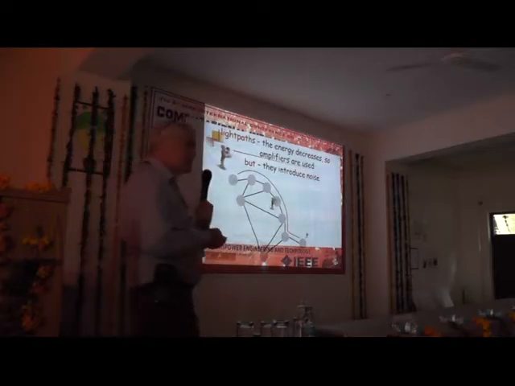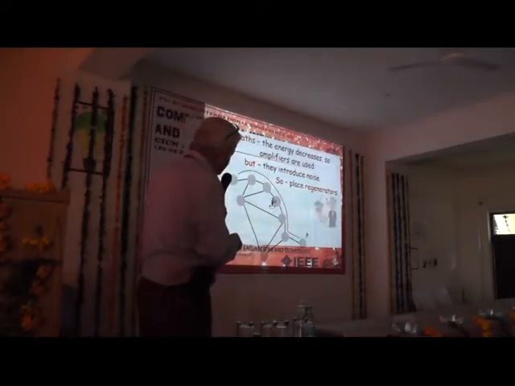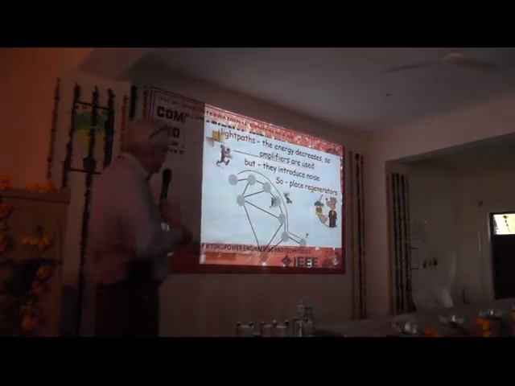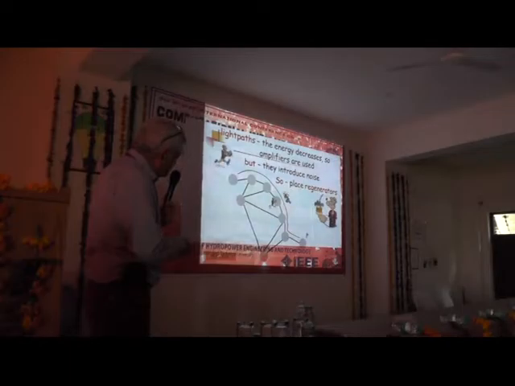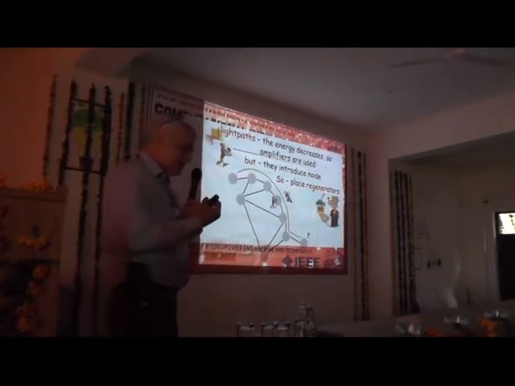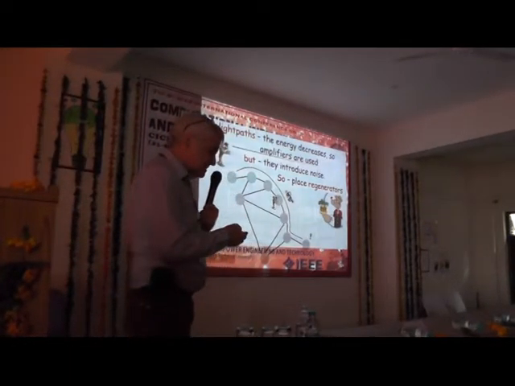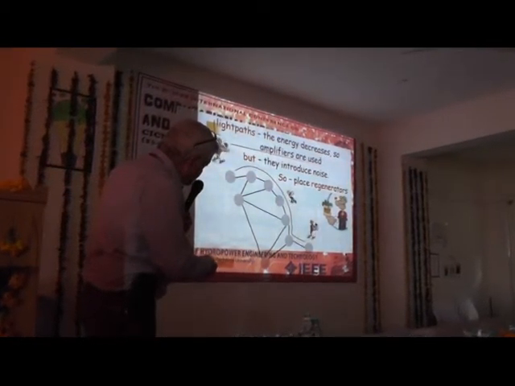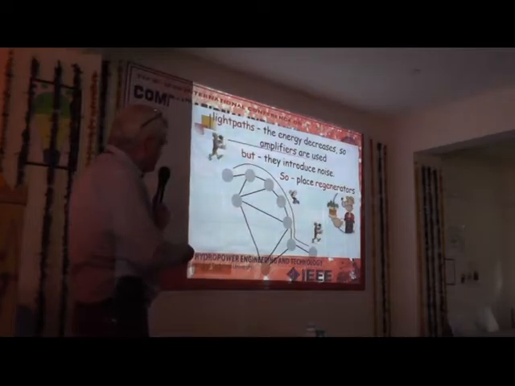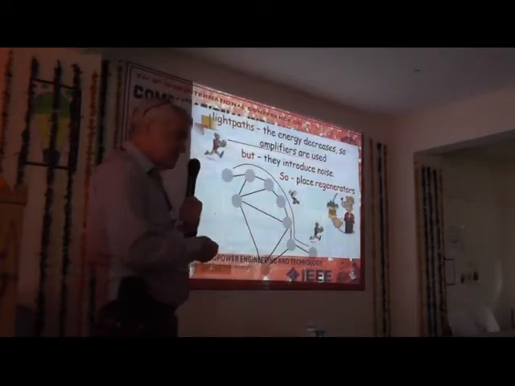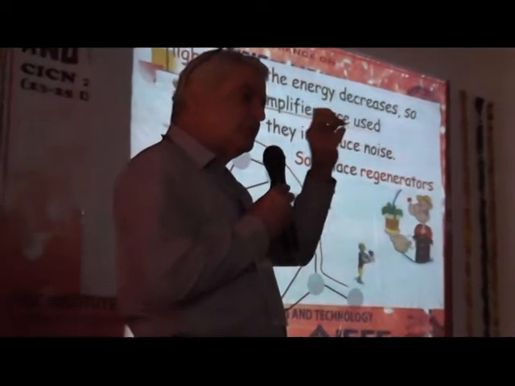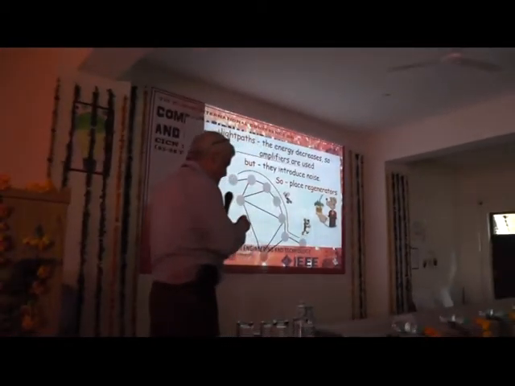But the amplifiers introduce some noise, so we need to place some regenerators. A regenerator is some optical device that makes the signal stronger, so when it gets to the end, it will be strong again. So a regenerator is just some device that I have to put on the way to make the signal stronger.